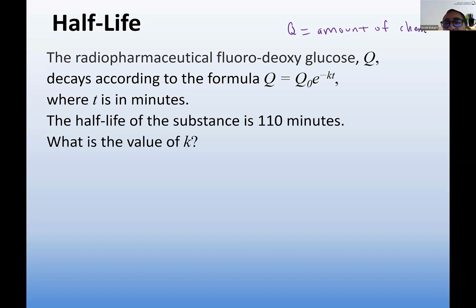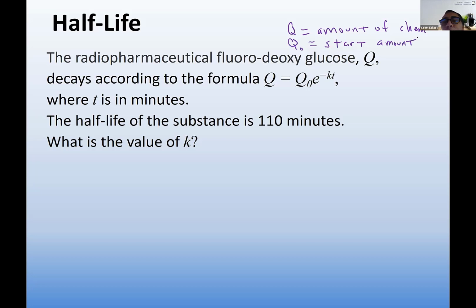Now, in physics, you'll see this a lot. You're going to see Q naught. And they put a subscript, Q sub 0. And that always means your starting amount. So it's just a different notation for the starting number.